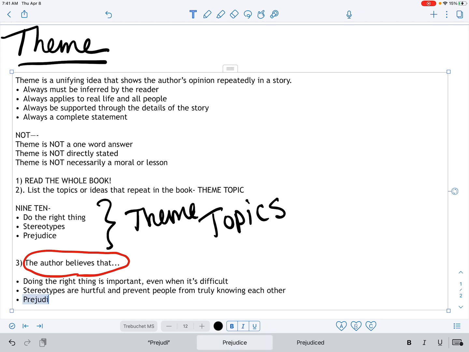Well, if we take a look at that last scene, prejudice is dangerous, divisive, and keeps people from connecting, right?